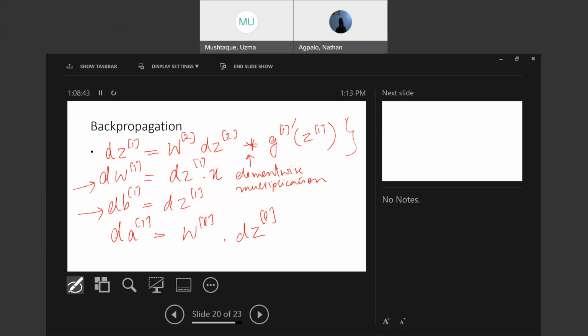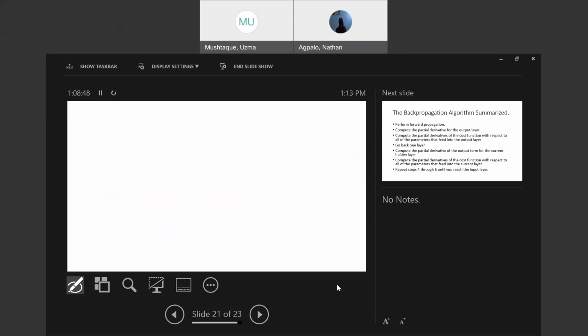So these are well-known equations, and for any layer L, let me write them down so that we have everything clear. As long as you can implement these 4 equations, I think you're good. We have dZ of L, which will be dA L element-wise multiplication with G L first derivative. Why? Because this could be a sigmoid or anything for layer L. And then dW L equals dZ L times A of L minus 1 transposed.